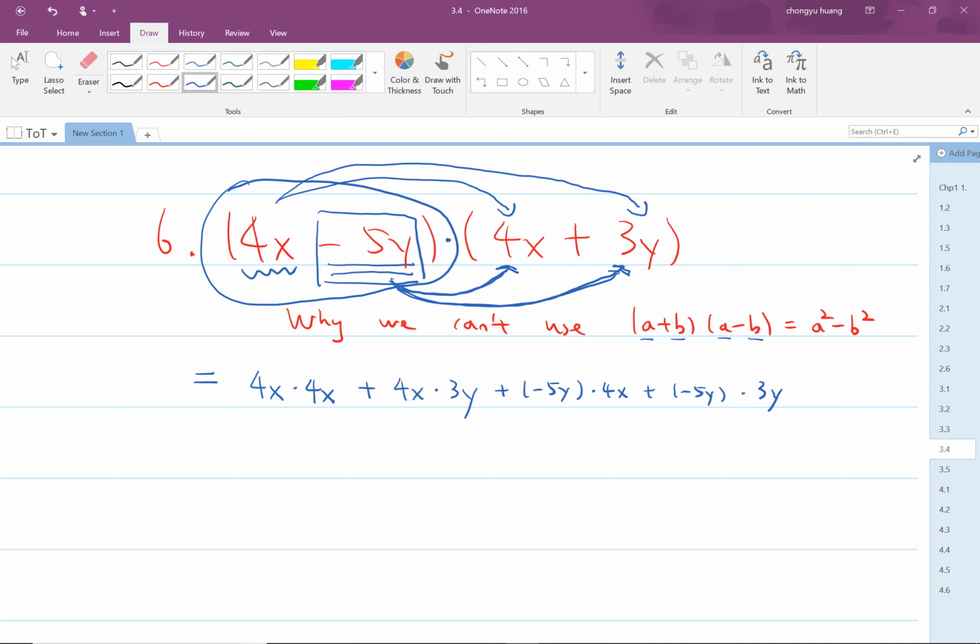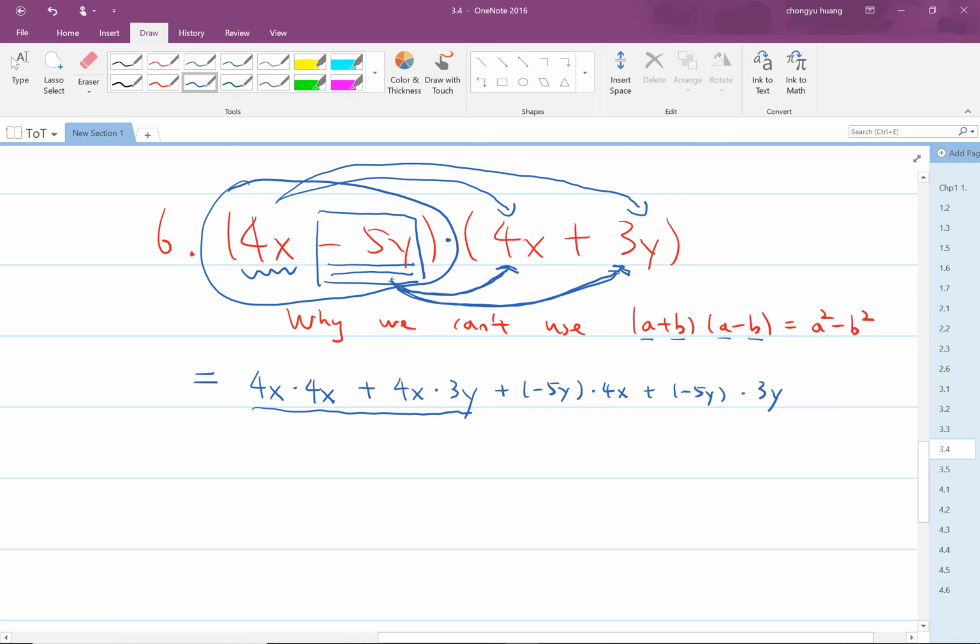So we multiply 4x on the left hand side by the right hand side, which has 4x and 3y.